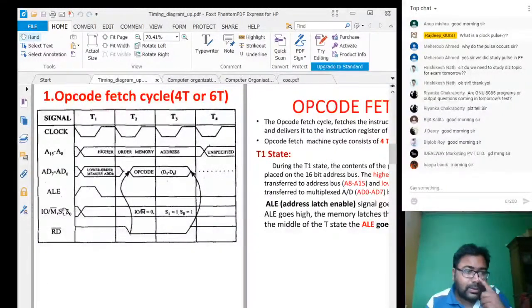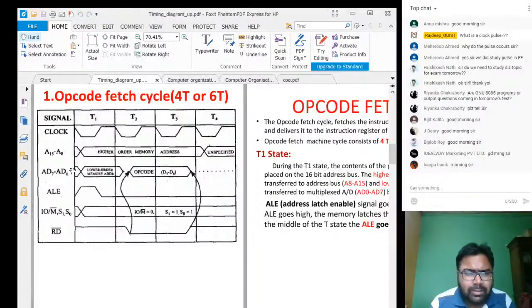Next, this signal is activated here, ALE, which is the address latch enable. What does it specify? That AD0 to AD7 is having the memory address now. It is not having data.